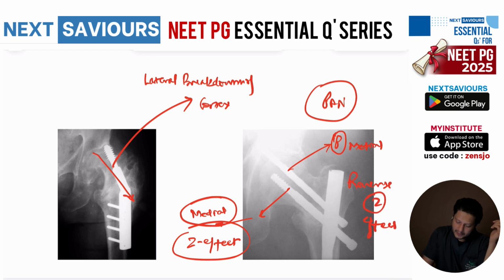And this obviously is because of the differences in the force which is applied. In order to limit the Z or reverse Z effect as a complication, you have to choose the correct size of the screws. The screws on the distal part should be larger, longer, and thicker as compared to the proximal screw, which should be smaller in comparison to the distal screw. So these are the possible complications related to this.